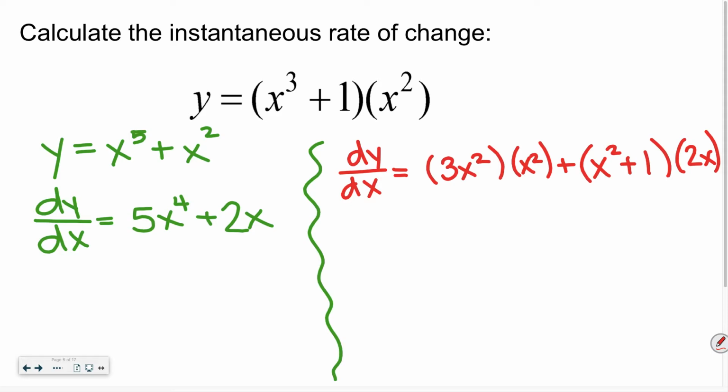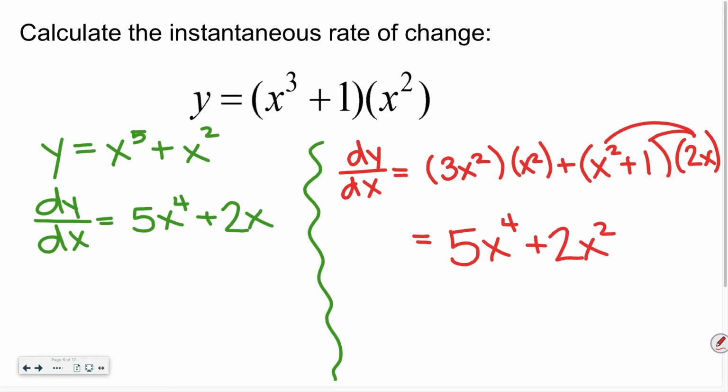Okay. Now, if we were to go ahead and distribute this through, you can see that we still have 5x to the 4th plus 2x squared. Okay, we get the same thing.